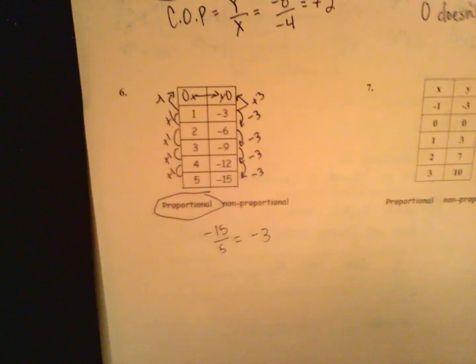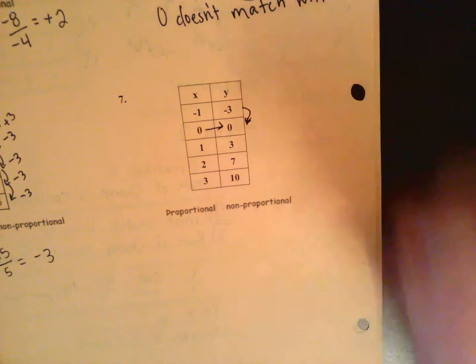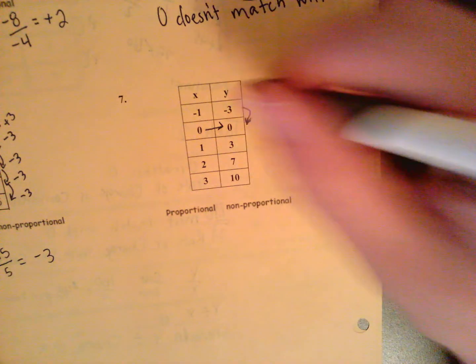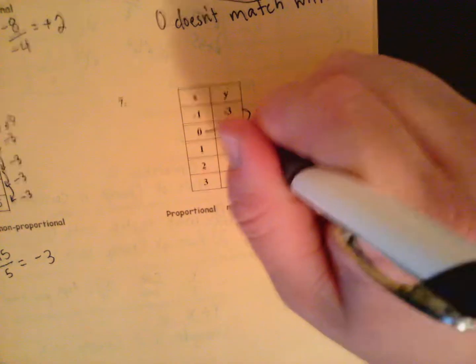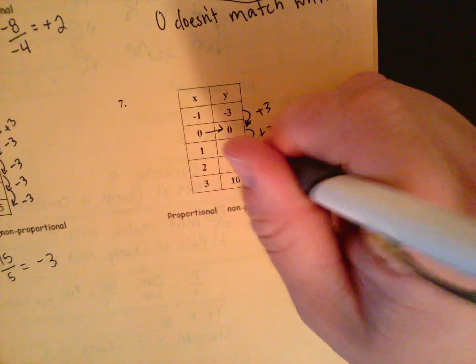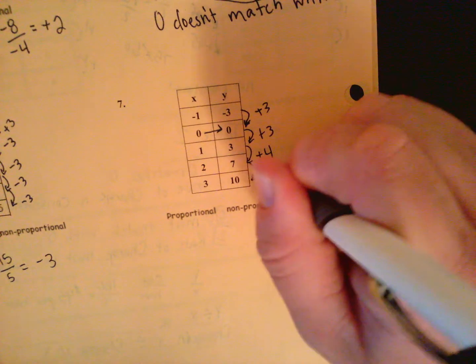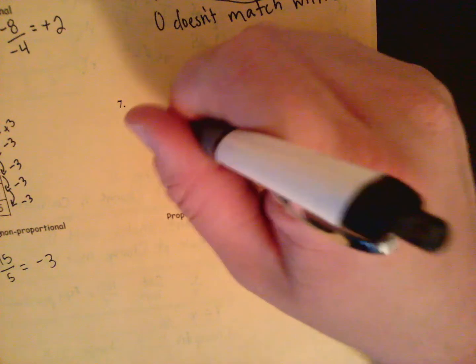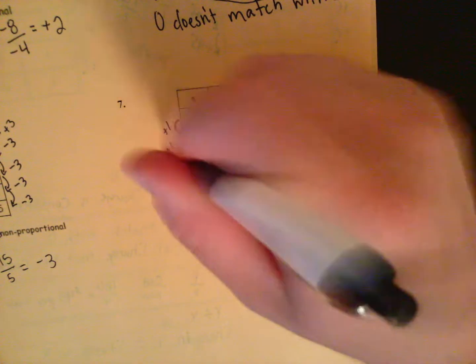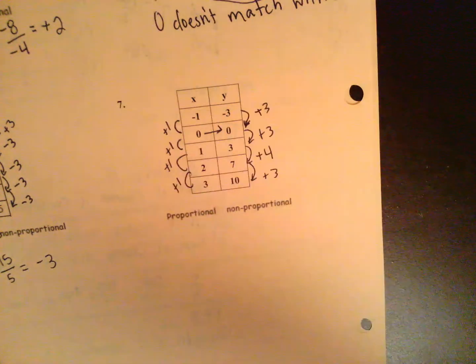Number 7. Does 0 match with 0? Yes, it does. So far, so good. Now we find our constant of proportionality. -3 to 0, well, that's adding 3. 0 to 3, that's also adding 3. 3 to 7, that's 4. 7 to 10, that's 3. So far, not looking so good right now. This is +1, +1, 1 to 2 is plus 1. 2 to 3 is plus 1.